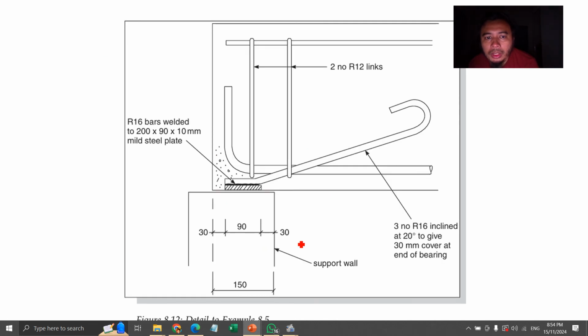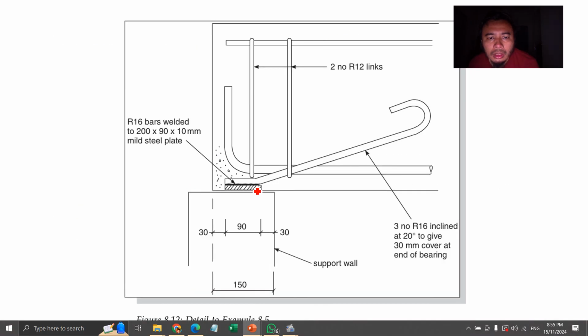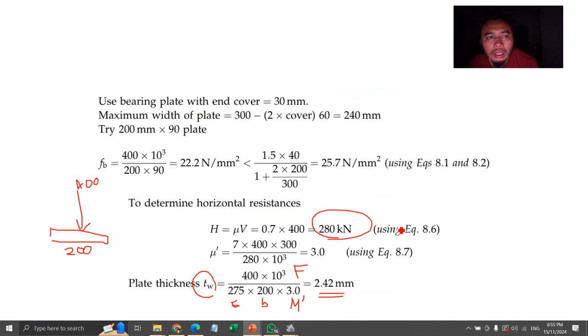And then you can finish up with the drawing. So this is your design. You have a steel plate here of 90 times 200, and then R16 bars are welded here, and then the plate is placed with 30 mm cover at both ends, and then three numbers of R16 as specified here.